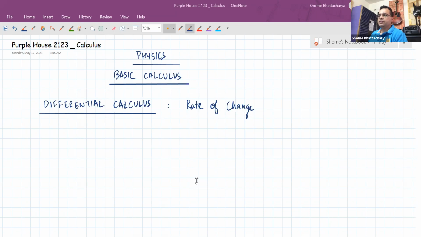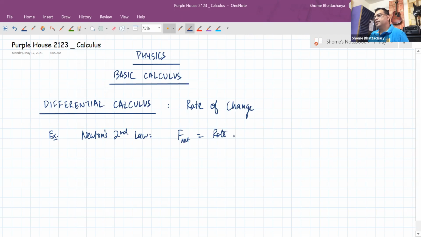So what about momentum? Rate of change of momentum is what? Okay, one of the most famous laws in physics you must have heard. Newton's second law, right? That the net force acting on a body equals the rate of change of its momentum.